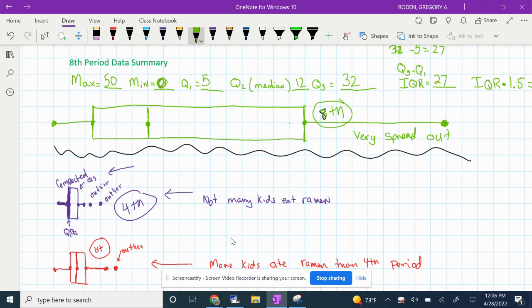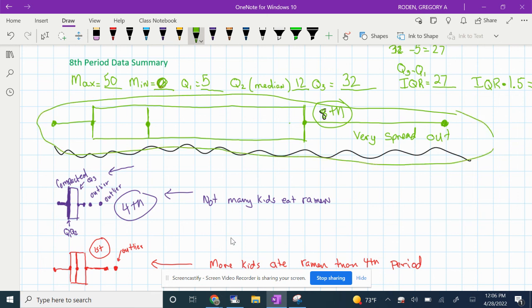We had all the way from, I think, 0 all the way up to 50. So in eighth period, some kids liked ramen, some kids didn't, and it's very spread out. So the choices were very different. Their answers were very different. That's what I would say in my eighth period class.